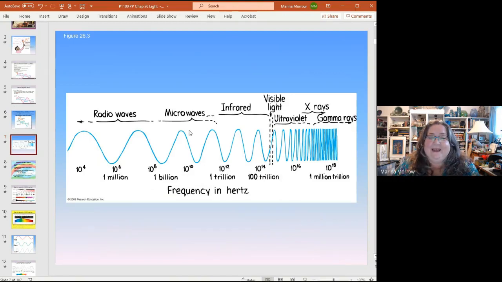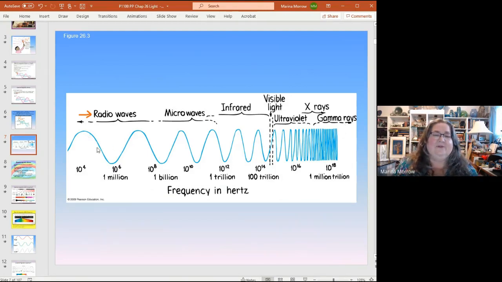Okay, so we're going to be looking at the electromagnetic spectrum in several different drawings. So we've already discussed this somewhat. It goes from radio waves, which have the longest wavelength, through microwaves, infrared, into the visible spectrum, and then ultraviolet, X-ray, and gamma radiation, which has the smallest wavelength.